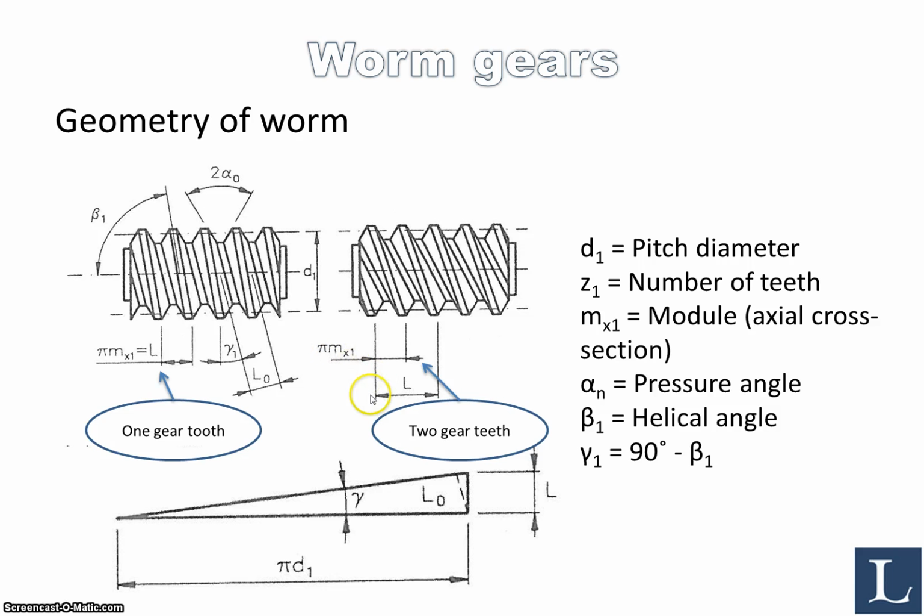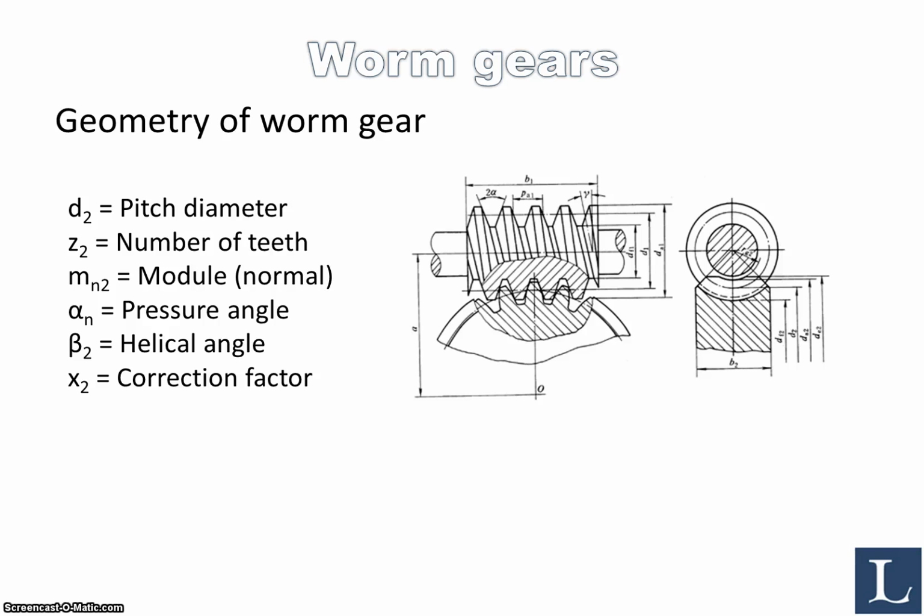In this case, L would be this distance over here, meaning that you have two gear teeth. So that's the way you distinguish between different number of teeth, and as I said, the most common is between 1 and 3. You have the pressure angle, you have a helical angle, and you have a third angle, gamma here, which is 90 minus beta 1, or the helical angle.